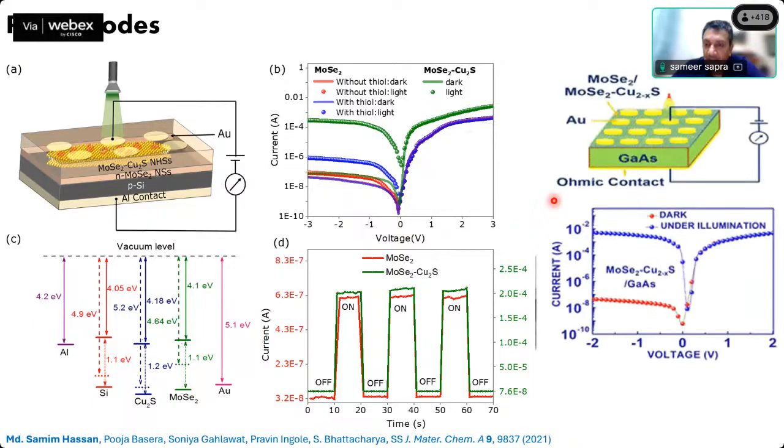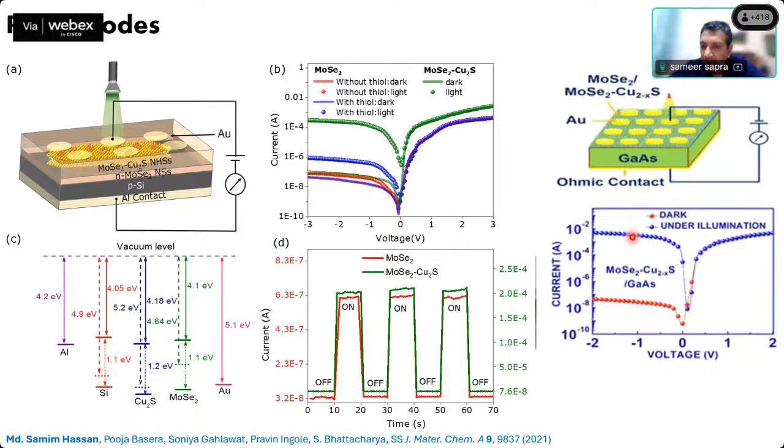But we have collaborators in SSPL, and we took their help to make some very good devices with the same materials. They did it on gallium arsenide. This is your dark current, which is 10 to the power minus 8, and that's your bright current, 10 to the power minus 3.